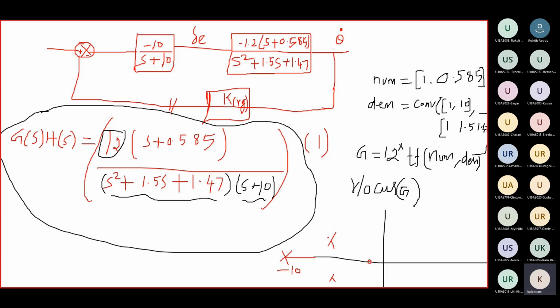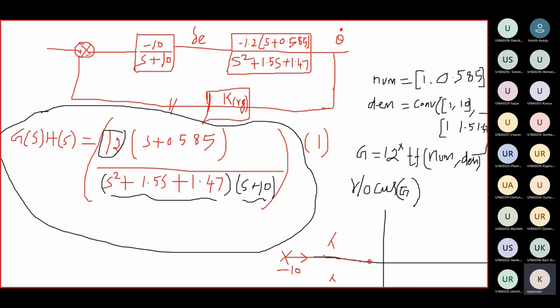Yes, I have 3 poles and 1 zero. Therefore only one root locus branch starts from a pole and ends at the zero, s equal to minus 0.585. Maybe this root locus branch starts from the pole s equal to minus 10, will go and end at s equal to minus 0.585. This is one root locus branch.